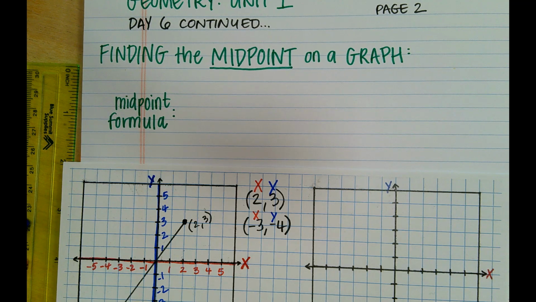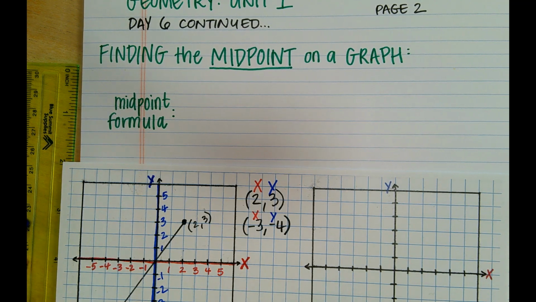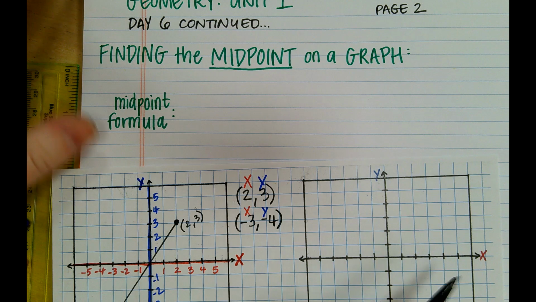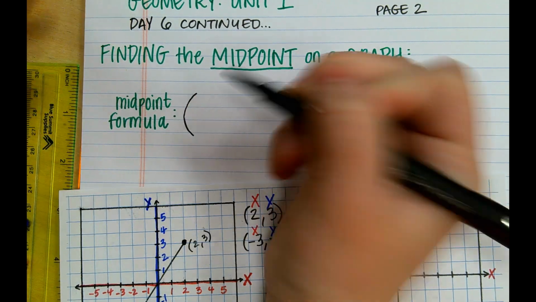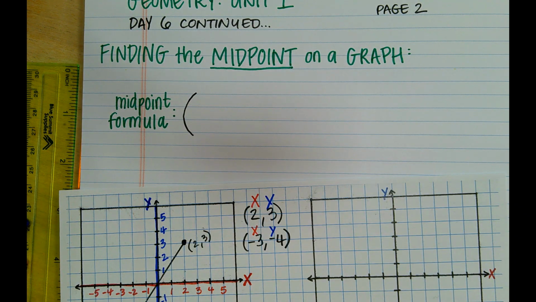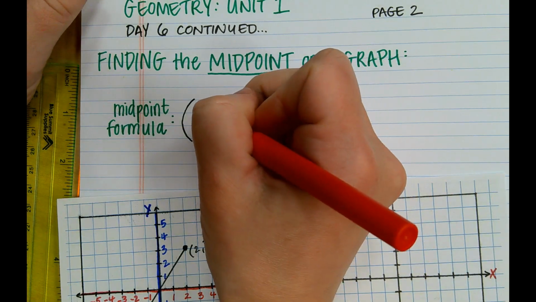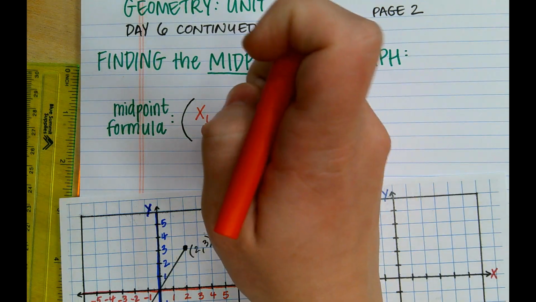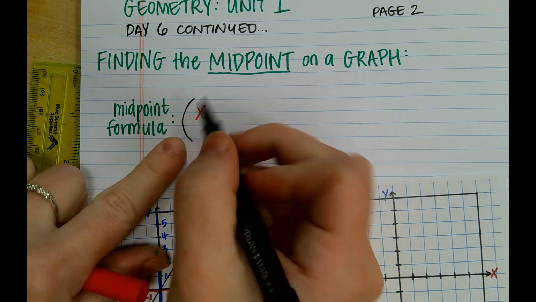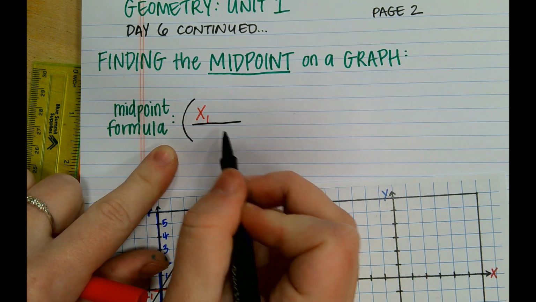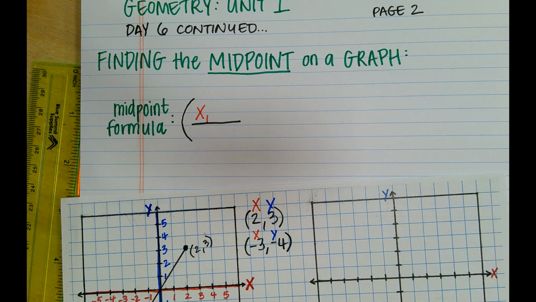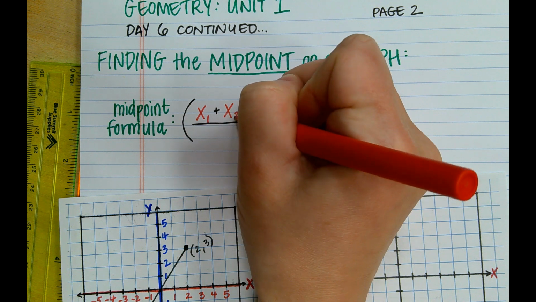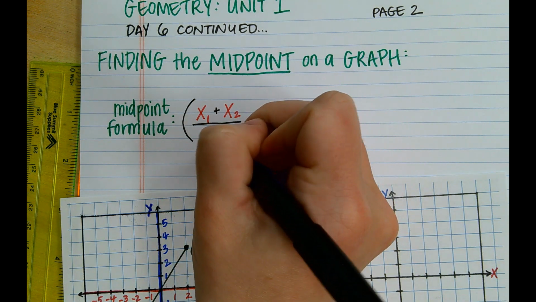All right. So here is that midpoint formula. I'm going to start by writing a big parenthesis like this. And then I'm going to use red because I'm doing X's. All right, x1, put a little 1, and I want to leave space here. I'm making a little fraction. x1 plus x2 divided by 2.